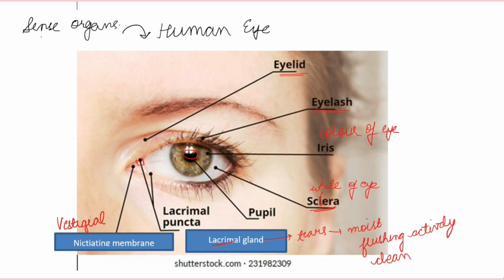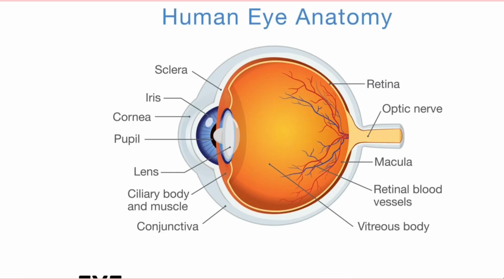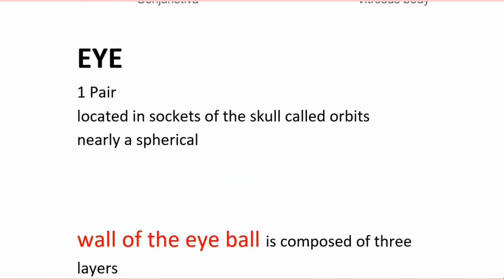Before that, just a small mention: as we all know, the eye is one pair and is nearly spherical in shape in most adults, and it is located in sockets of the skull called orbits. Let me draw for you so that you can understand.